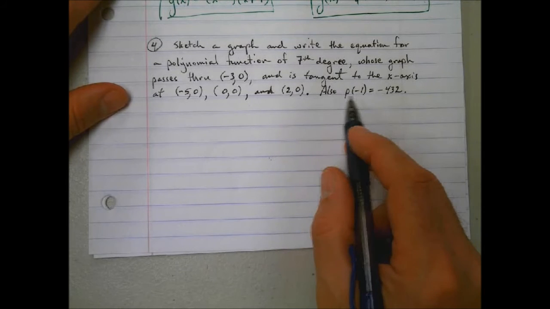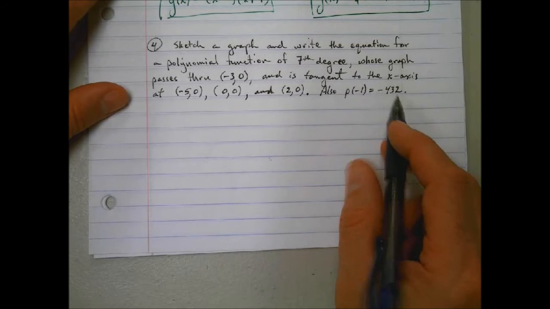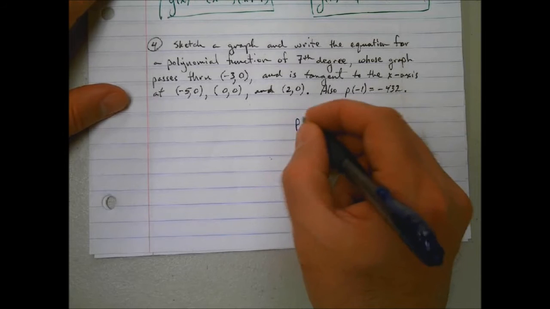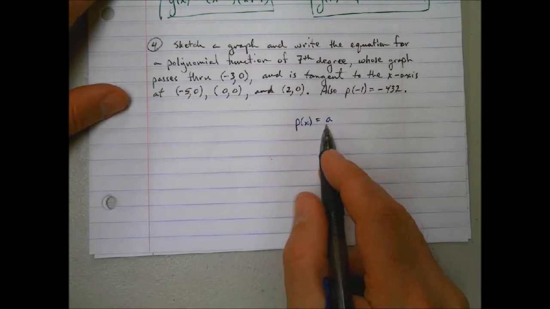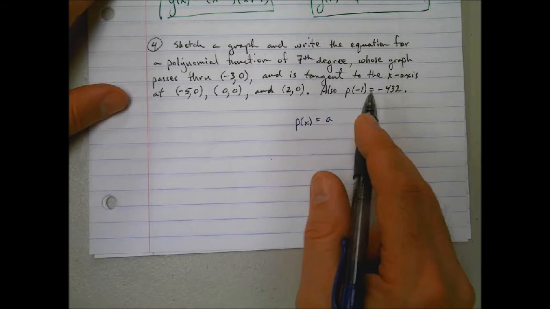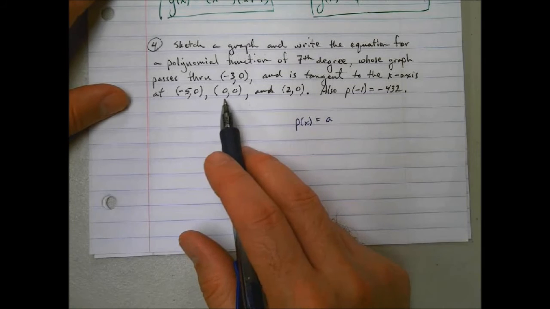There was this extra bit of information, p of negative 1 equals negative 432. So our function's name is p. So p of x is, coefficient's going to be a. Because of that extra information, we're going to be able to solve for the a. Okay, we have x equals 0.